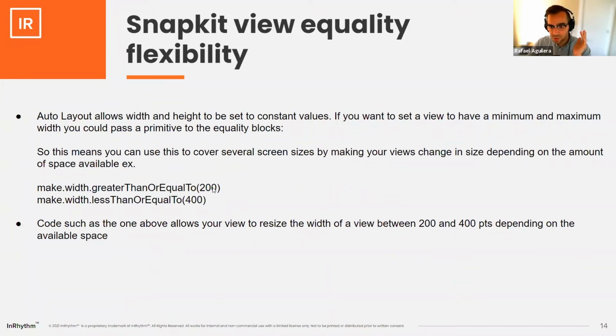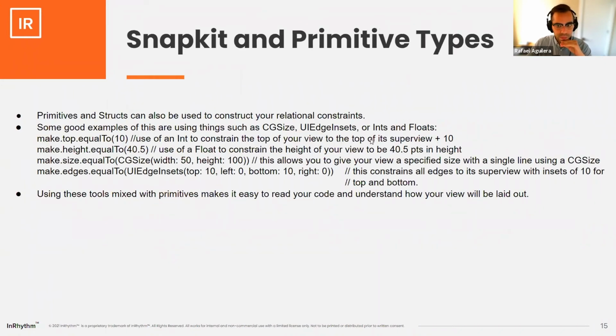It makes it so that you can build one UI code for all your views. It makes it work so that your app even works on an iPad from an iPhone without having to make any changes, if you take the time to really work this out. So SnapKit works with primitive types, which is awesome.